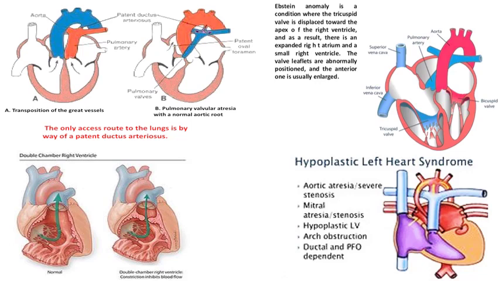of the right ventricle. There is a condition called Ebstein's anomaly, where the tricuspid valve is displaced much lower, caudally.